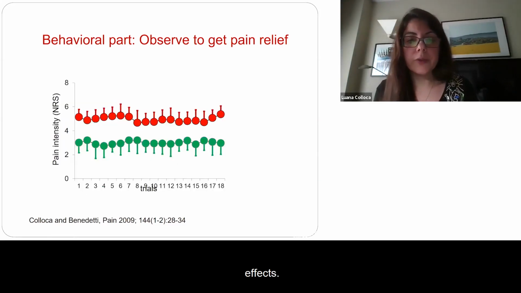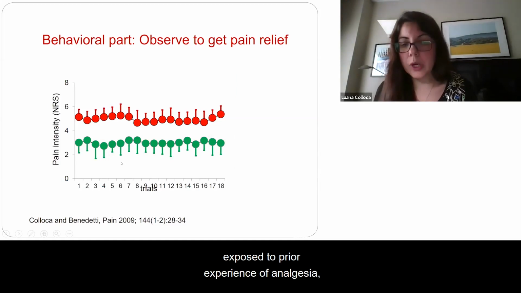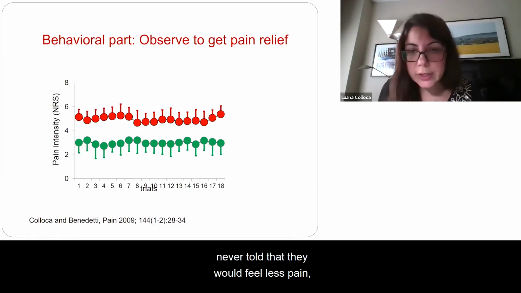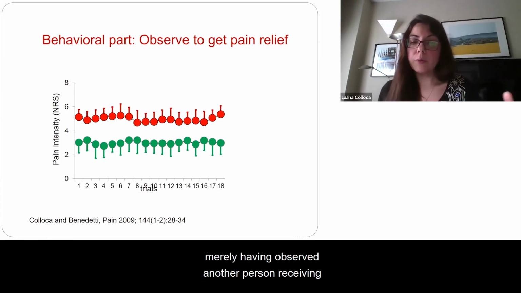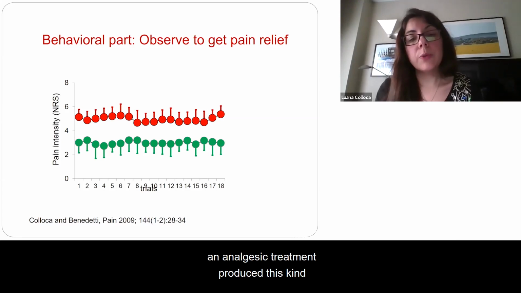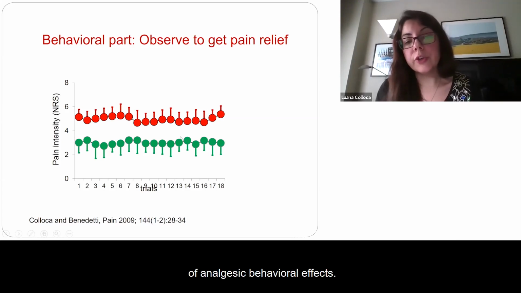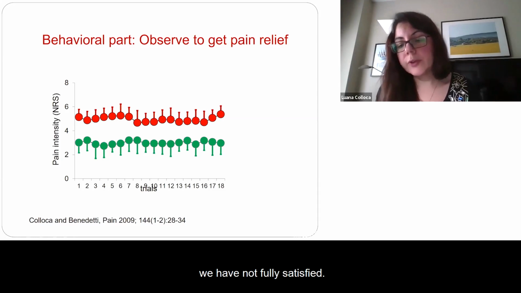Indeed, you can see that the observers, who were never exposed to prior experience of analgesia and never told that they would feel less pain, merely by having observed another person receiving an analgesic treatment produce this kind of analgesic behavioral effect.